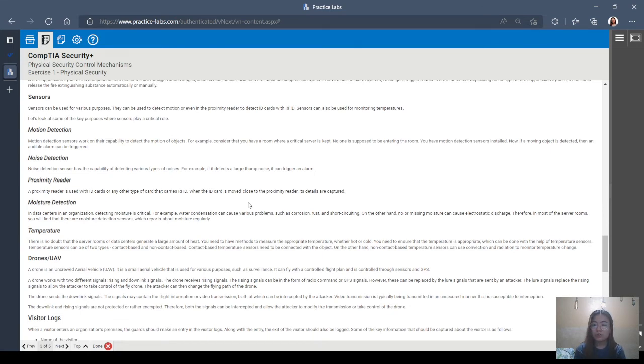Temperature. There is no doubt that server rooms or data centers generate a large amount of heat. You need to have methods to measure the appropriate temperature, whether hot or cold. You need to ensure that the temperature is appropriate, which can be done with the help of temperature sensors.